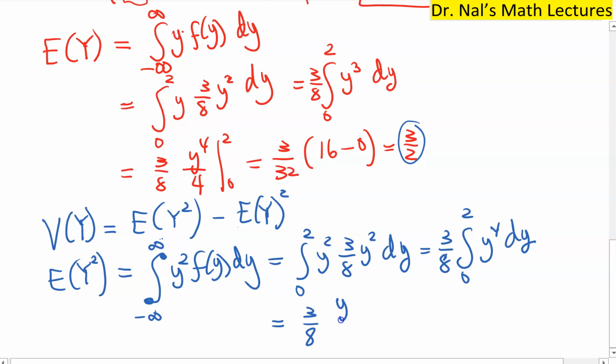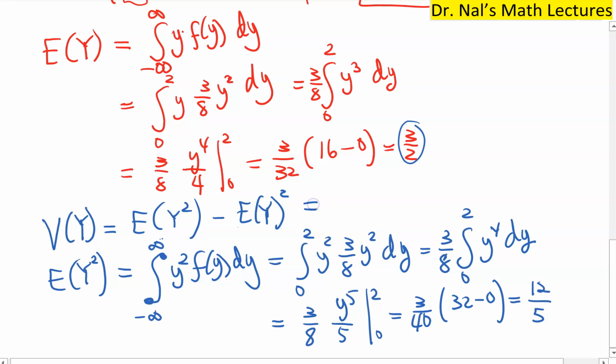Y to the 4 is just y to the 5 over 5 from 0 to 2. That is just 3 over 40. Plugging in 2 to the 5 is 32, 0. That is just a 0. So that's 12 over 5, if I'm not mistaken. Which is 2.4, I think.